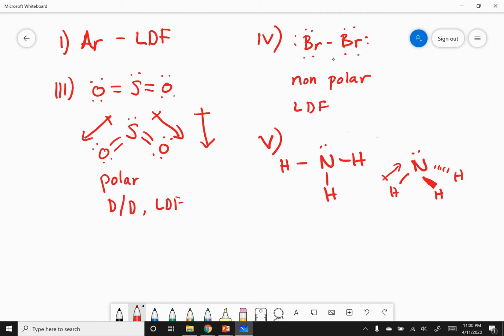Now, if we take a look at this, we'll notice that nitrogen is going to be more electronegative. So I'll draw my dipole arrows, all of them up towards nitrogen, and that means that there's a net dipole going up. So this is a polar molecule. So if it's polar, that means it has dipole-dipole forces. It's a molecule, so it has LDF, and this actually has one more type of intermolecular force.